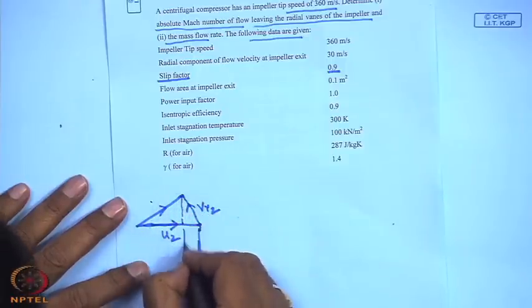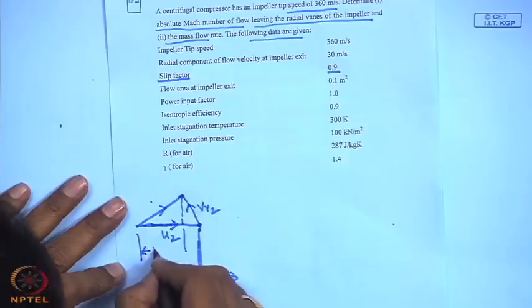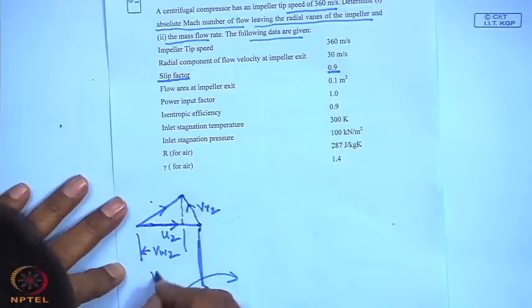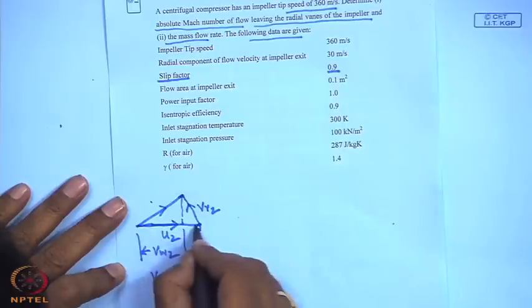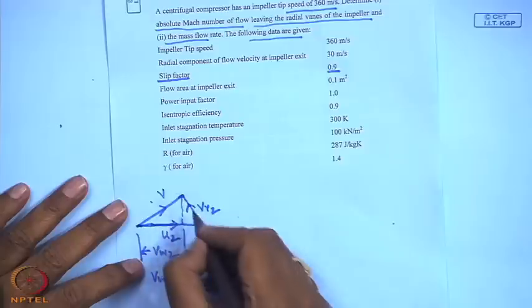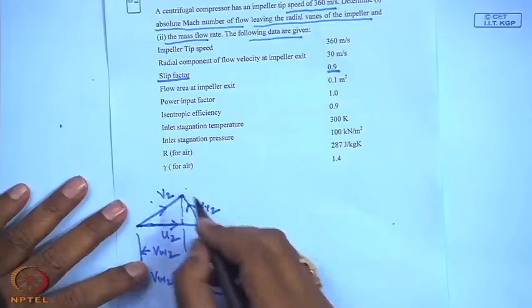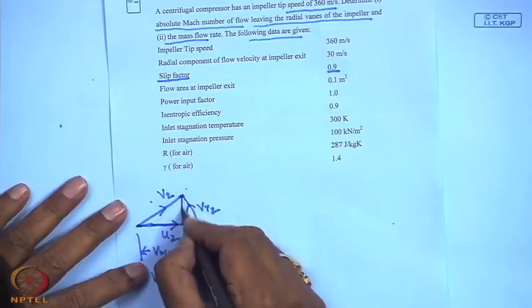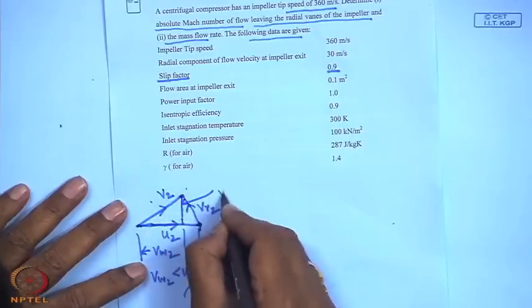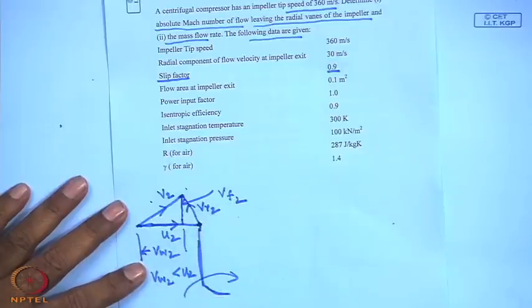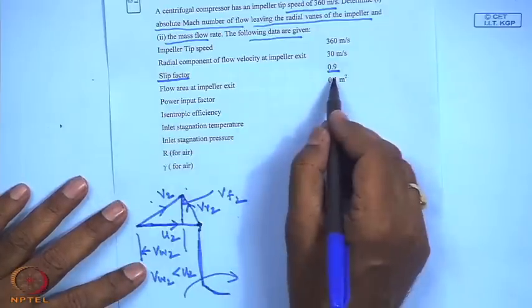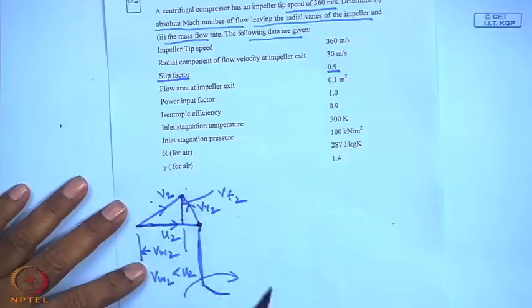So VW2 is less than U2. What is U2? U2 is this one. This is the absolute velocity V2, and this velocity is VF2. So this is the diagram because there is a slip. Therefore this is the outlet triangle.